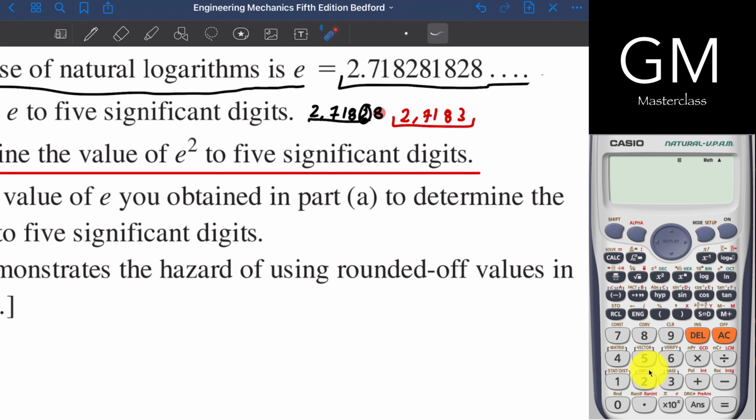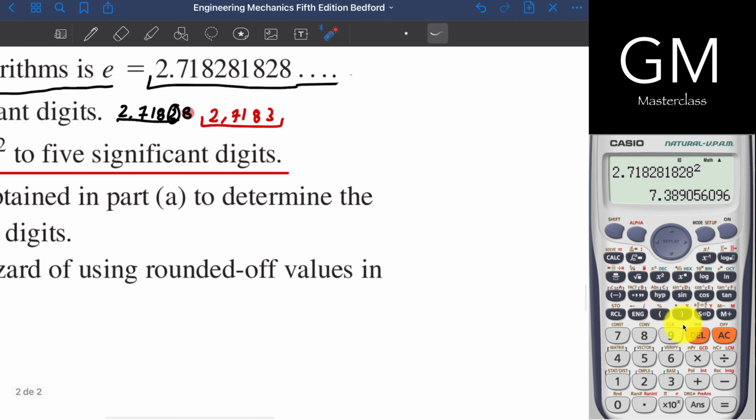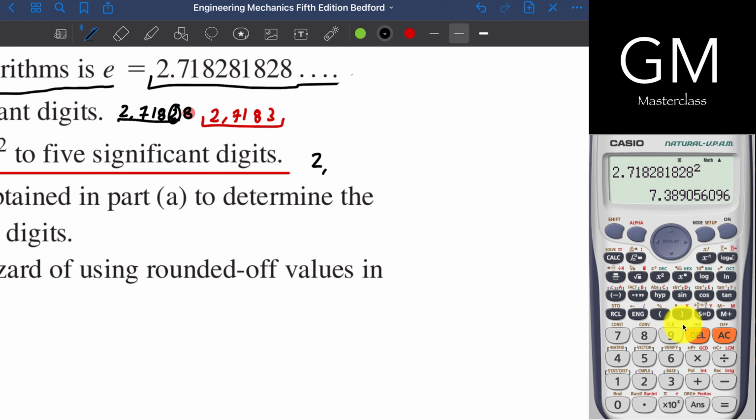So it would be 2.71828182 8 to the second power is equal to 7.3890560 96.